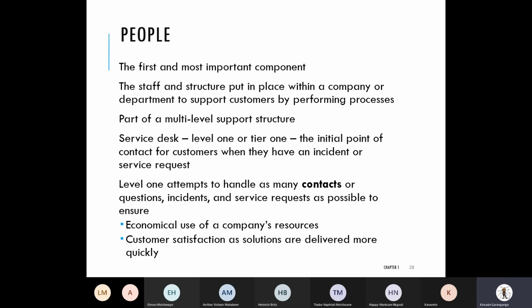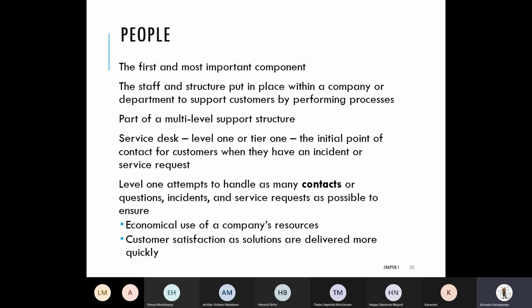Because this is directly related to what the company is all about. So your first point of contact is associated with your end image in terms of what the company is all about. So it is the first and most important component of a successful service desk at large.